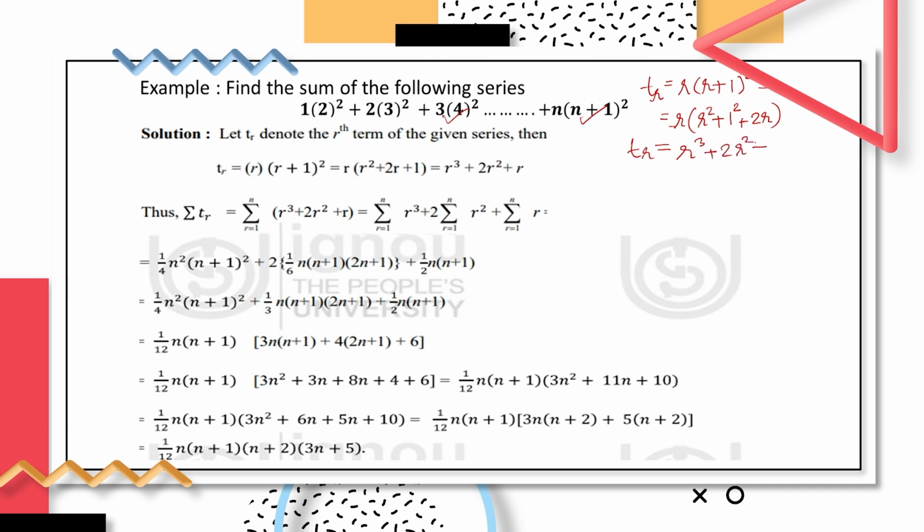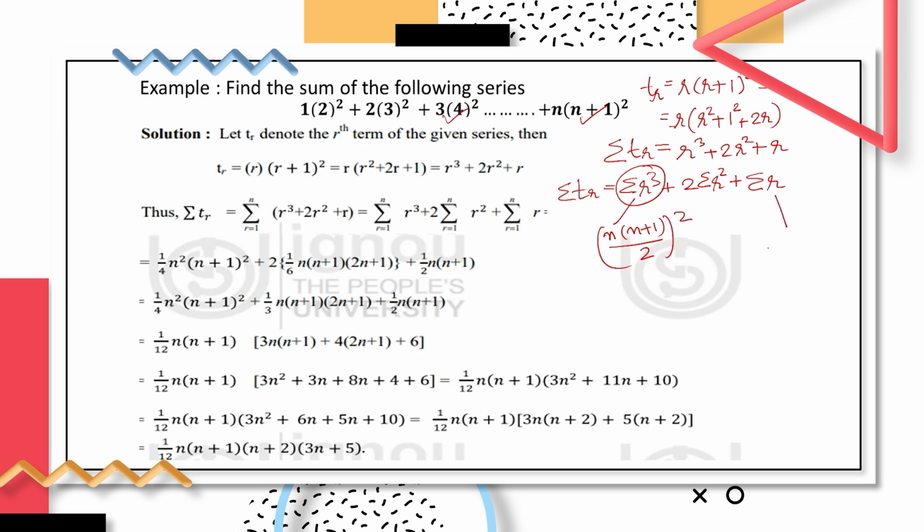So, the sum of the rth term, summation of Tr, will be equal to summation of r cube plus 2 times summation of r square plus summation of r. The summation of r cube is having the expression n into n plus 1 by 2 whole square.